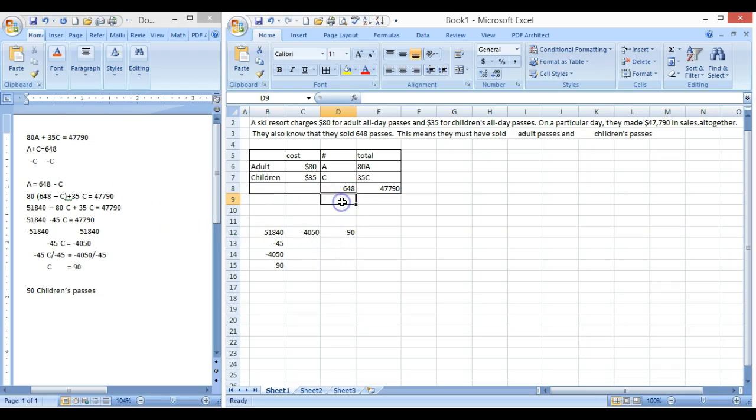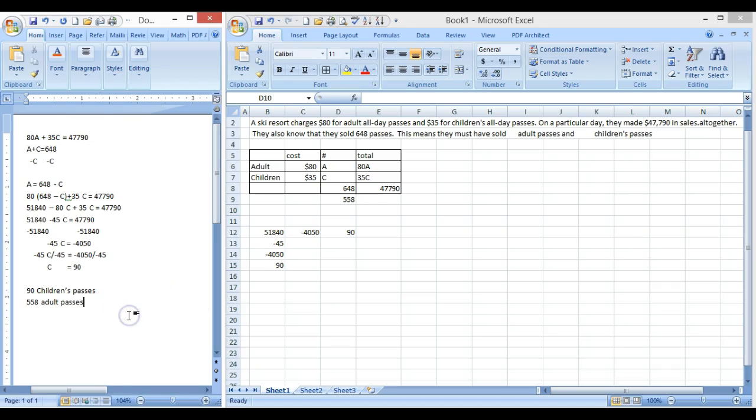I'm going to come here, and just because I'm cell referencing, might as well, it's already typed in, I'm going to press equals, and then reference my 648, so I don't have to type it in, and subtract 90 children's passes, and that'll leave me with how many adult passes? 558. So there we go, 558 adult passes.